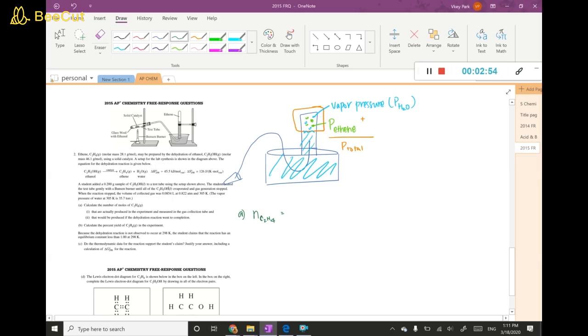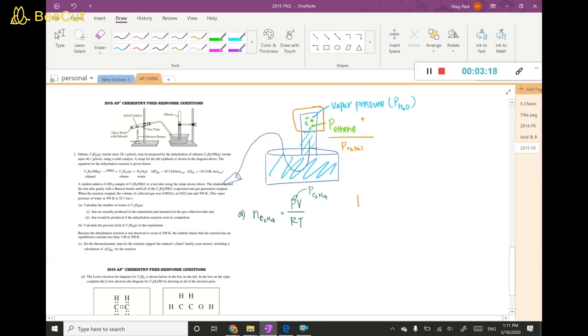So the first thing that makes me think of is the PV equals nRT formula, and I have pressure, but this pressure has to be that of what? Ethene, right? And how do I find the pressure of ethene? It's from up here, right? Vapor pressure plus the partial pressure of ethene gives me the total pressure. So we can actually do some math that way.